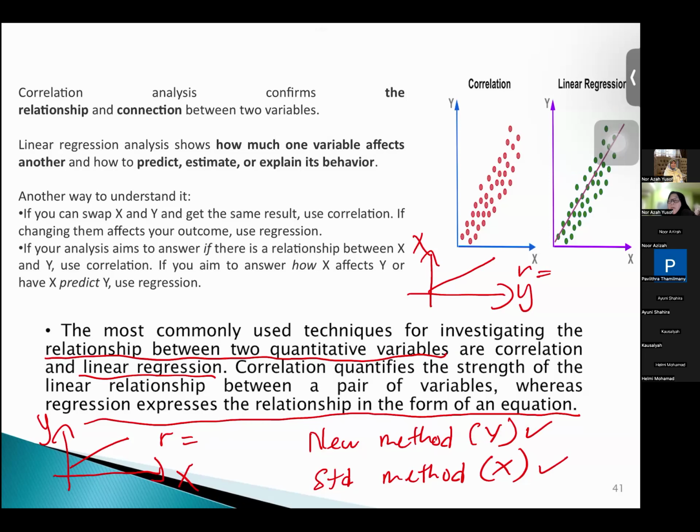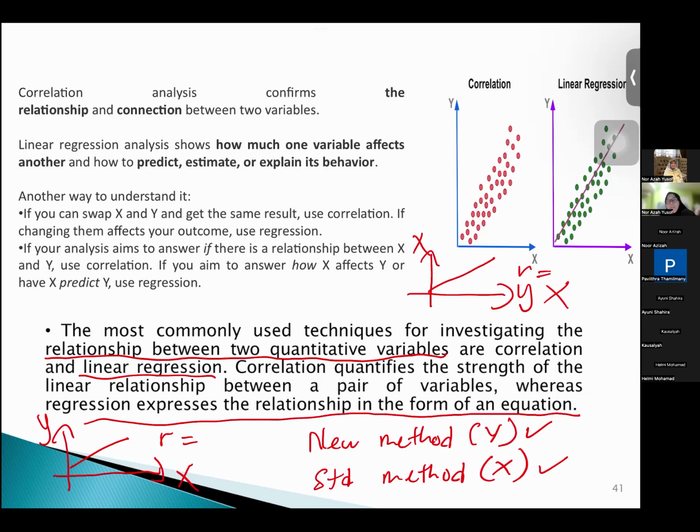But if it is regression, you cannot do this. You cannot change the axis, because in regression we are talking about multiple variables. So if you plot x versus y, or y versus x, it's going to be different. So that is a big difference between regression and correlation.